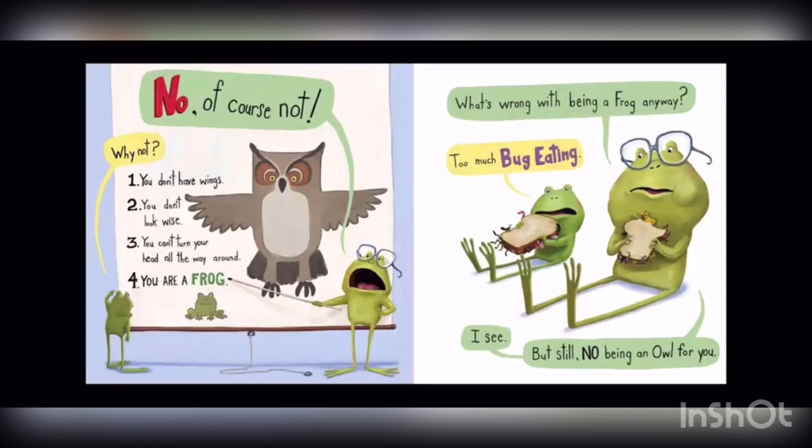Number 2, you don't look wise. Number 3, you can't turn your head all the way around. And number 4, you are a frog. What's wrong with being a frog anyway? Too much buggy eating. I see. But still, no being an owl for you.